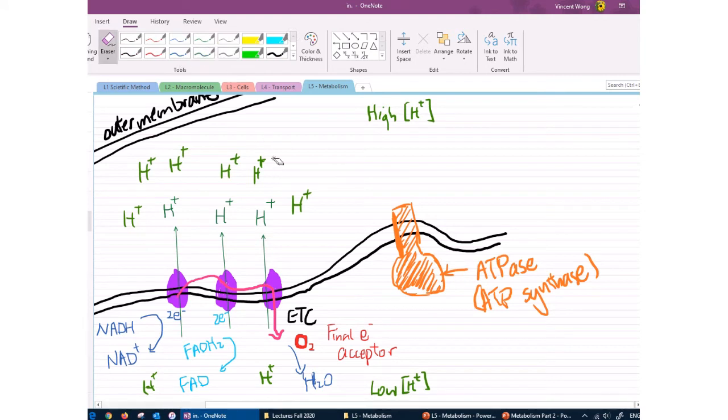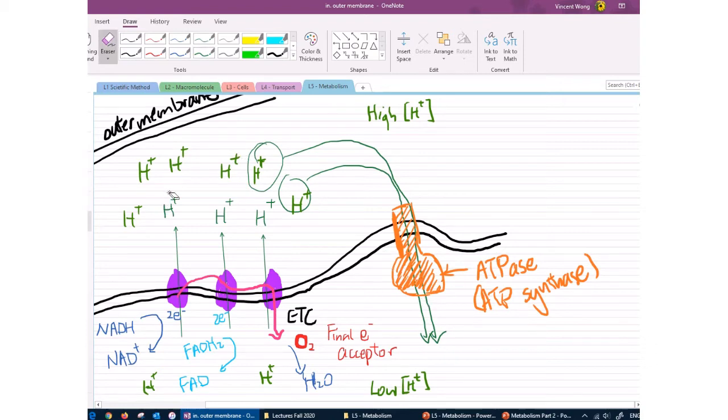So these H plus will now go through the ATPase, and what's going to happen is the ATPase will harness the energy from the gradient. As the H plus comes in, they will lose energy. This is kind of like building a dam, right? You have all the water stored up here, and they want to go downhill, and then you put a turbine in there.